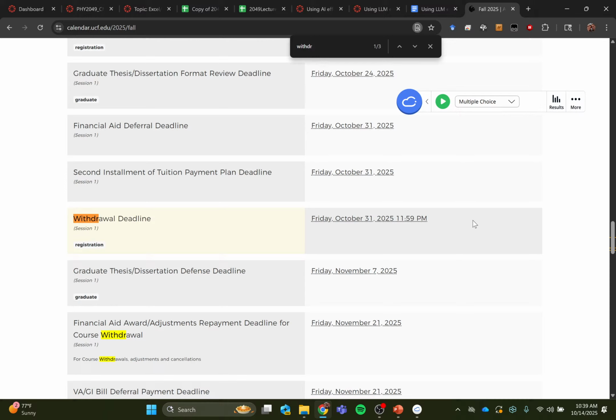The withdrawal deadline is October 31st, and before that date, you need to make an honest evaluation of whether you can achieve what you want to achieve in this course. Can you get to where you want to get? To do that, you can look at test 1. You can almost retake test 1 if you wanted to. That can be a proxy for some measures.